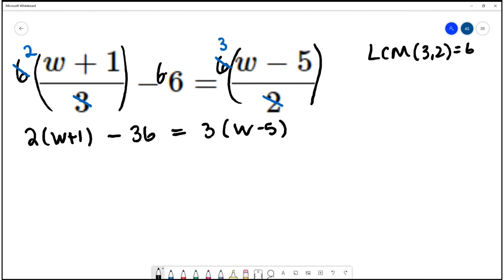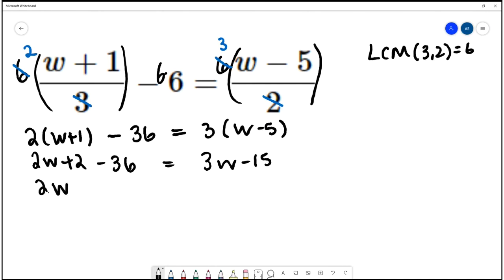Now I'm going to make each side as simple as possible. I'll use the distributive property to get 2w plus 2 minus 36 equals 3w minus 15. On the left-hand side, I can combine like terms. 2 minus 36 is negative 34.